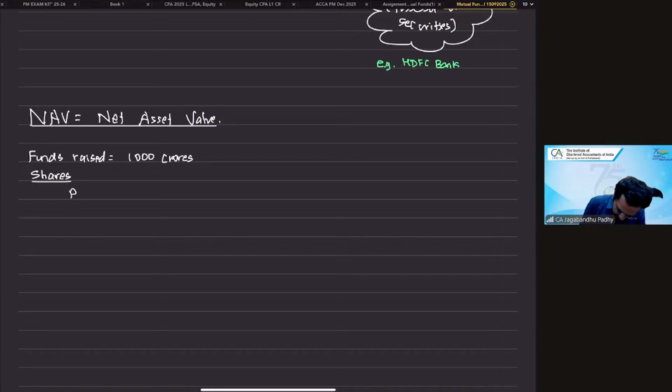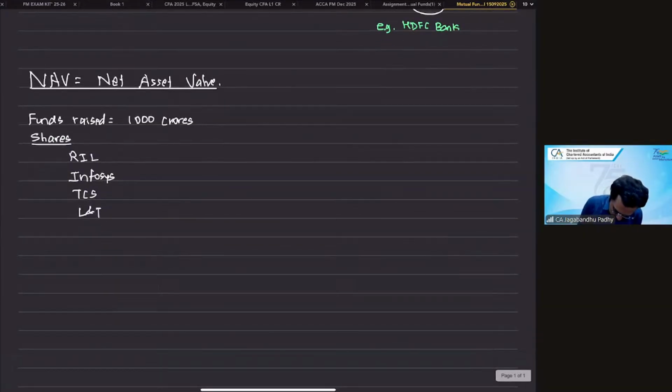In the shares, let's say we've got certain shares like Reliance Industries, Infosys, TCS, L&T, and the balance we are maintaining as cash for simplicity.